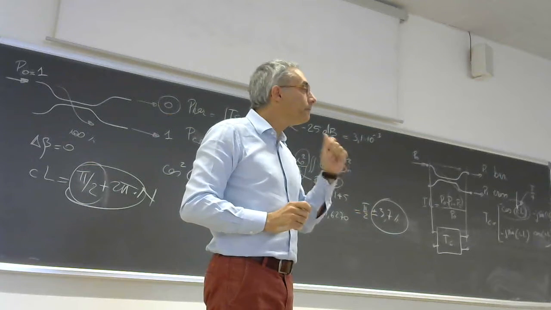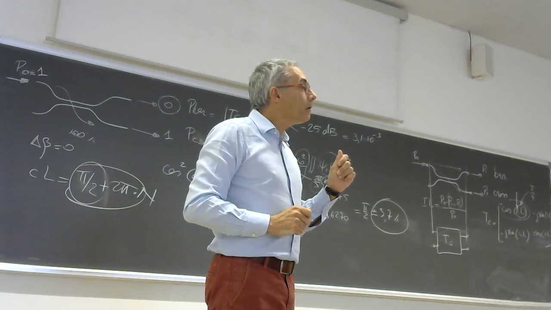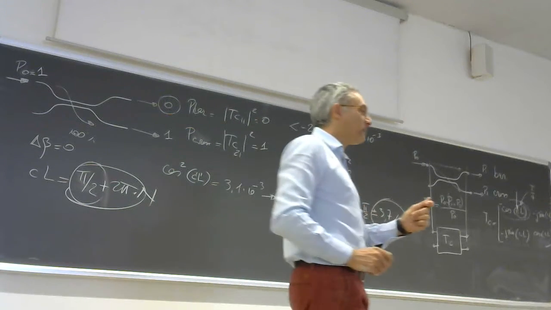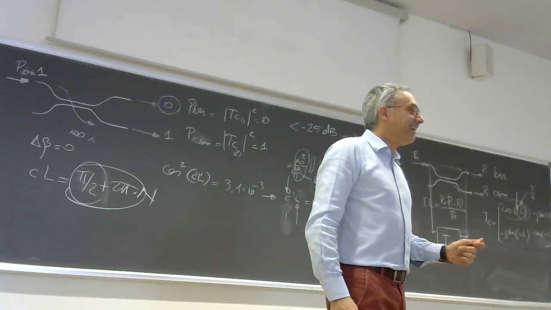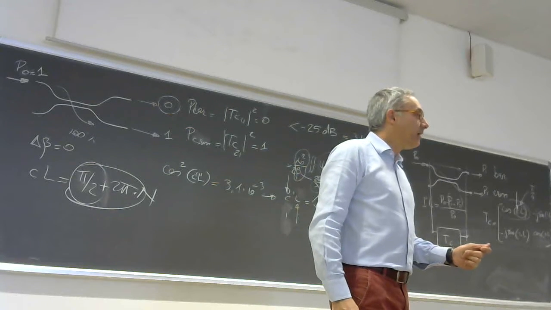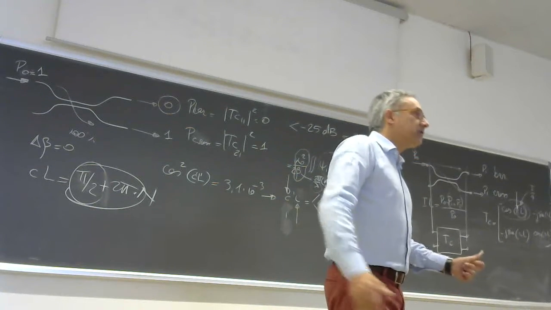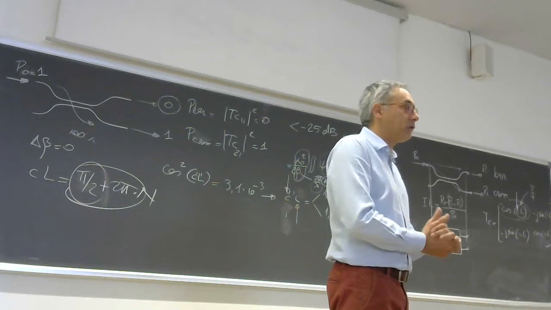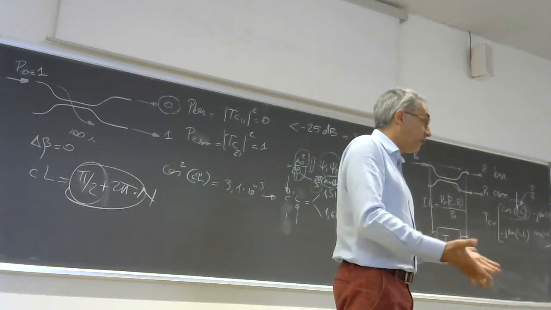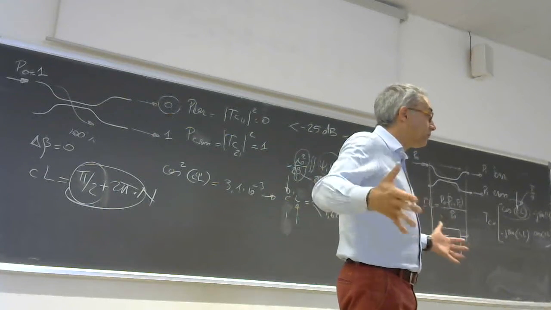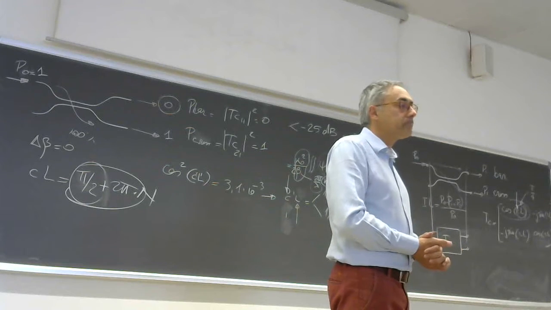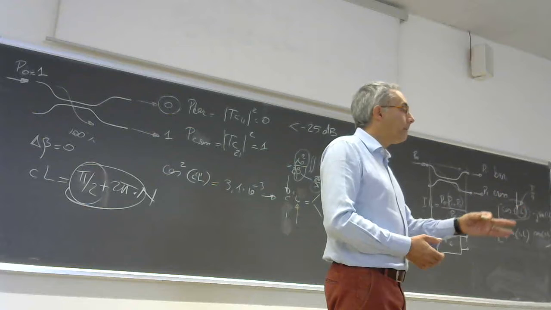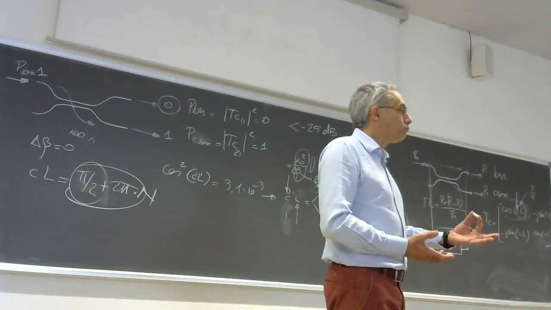Why? Because the device becomes bigger. Yes, and usually we want to pack and have a small device, so this can be a good reason, but if it performs better, maybe it's better to make it longer.